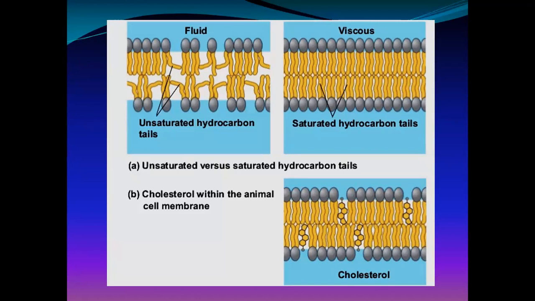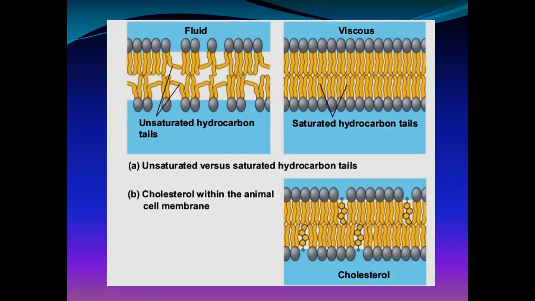That is one of the reasons for the fluid nature of the bilayer. They are not compactly packed. When you have saturated hydrocarbons, it is more viscous, more solid. There is no kink formation in the tail, so they are packed compactly.